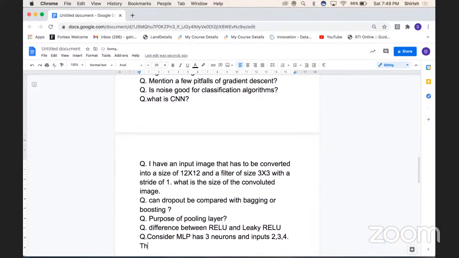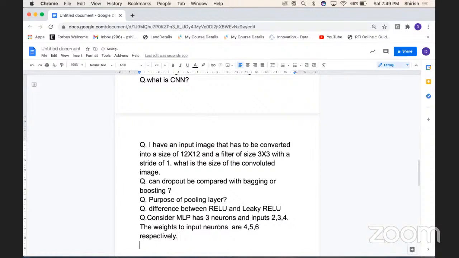Assume that I am giving you weights to the input neurons, and the weights are 4, 5, 6 respectively.